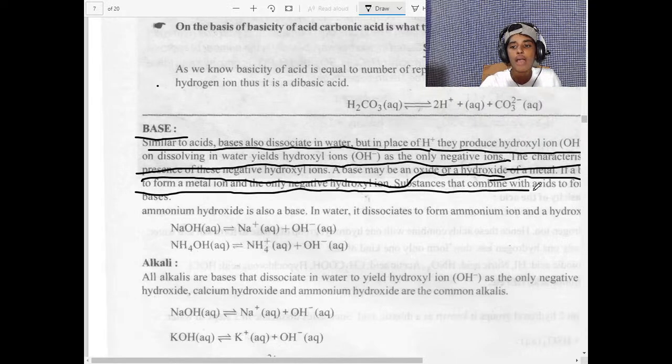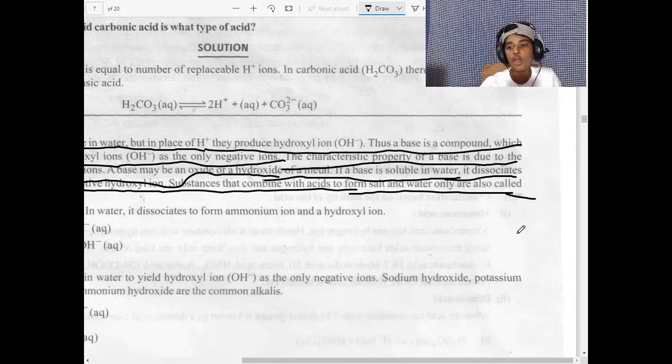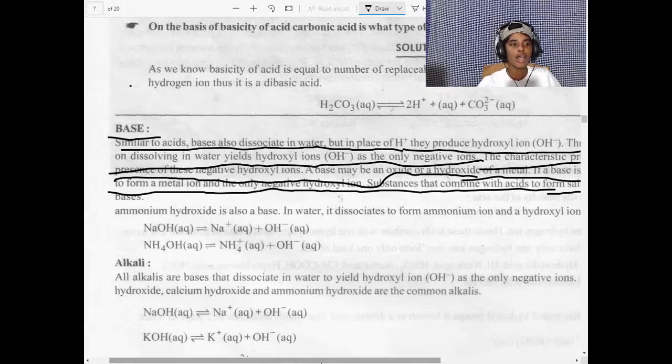Substances that combine with acids to form salt and water are also called... pause the video and write the answer in the comment section. The answer is bases.